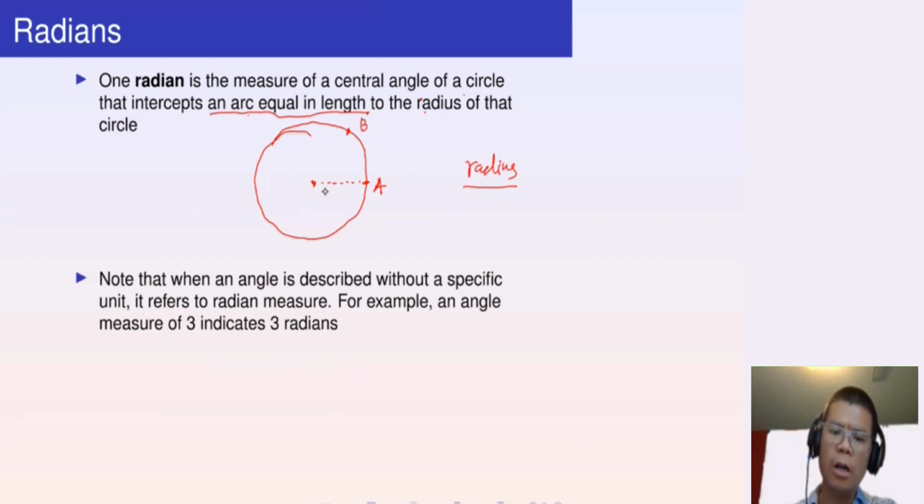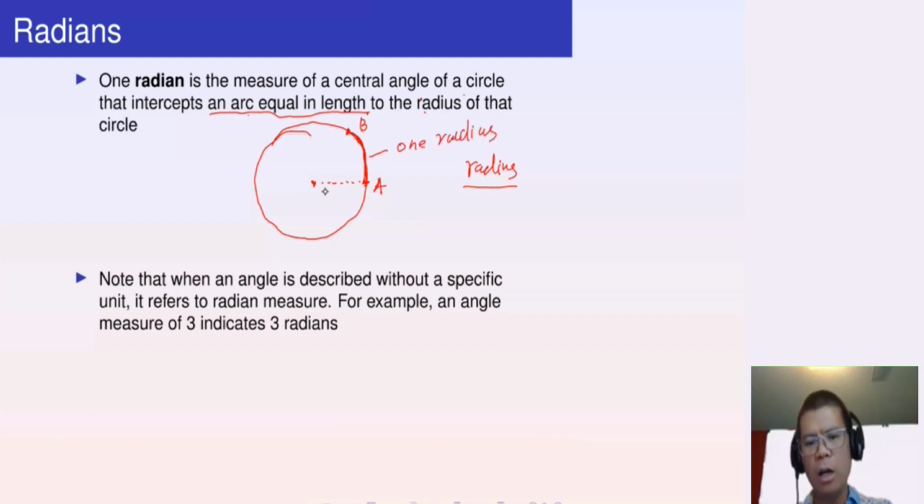Now this arc in length is the radius. This is one radius. If this arc is one radius, then there is a corresponding central angle of this arc.